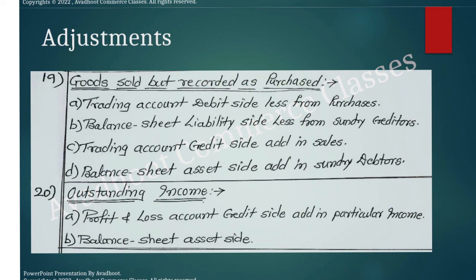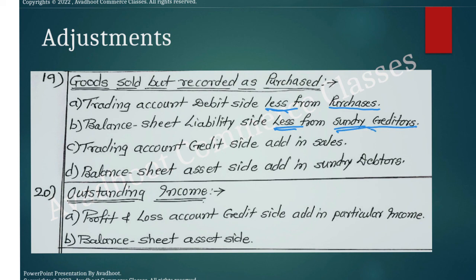It means again the wrong entries are to be corrected first. Trading account, first of all, we are going to debit. It was added in the purchases, that is to be deducted from purchases. Am I right? Therefore, trading account, debit side. Whereas on the balance sheet liability side, we added in the creditors, so we have to deduct from sundry creditors.